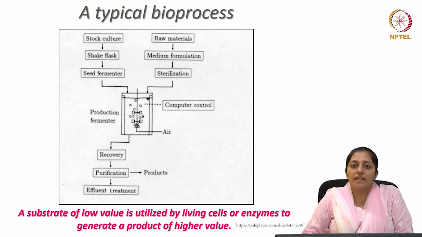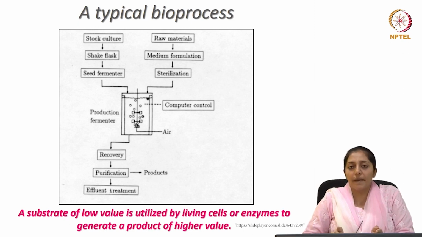There are different ways in which sterilization can be done. This sterilization is also one of the key steps in fermentation technology. After the sterilization is completed, the sterile medium with the substrate is then fed into the production fermenter, and the production fermenter is inoculated with the starter culture from the seed fermenter.